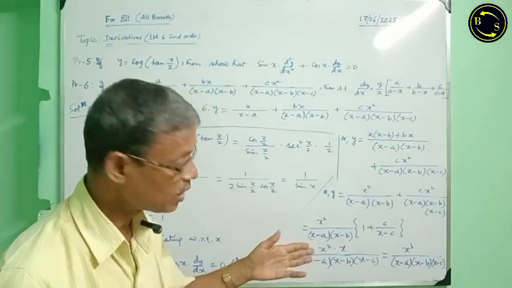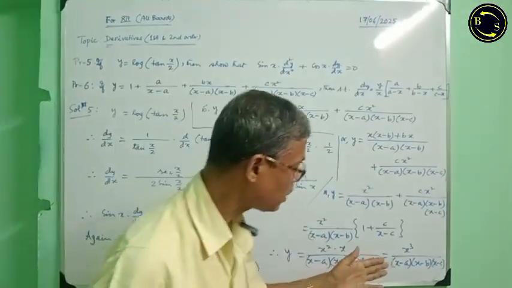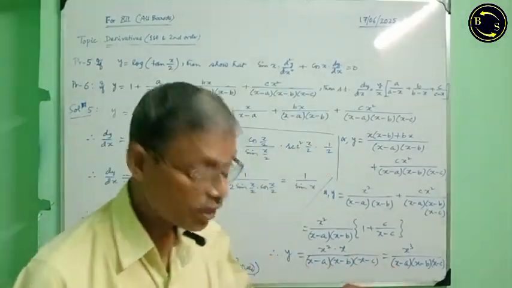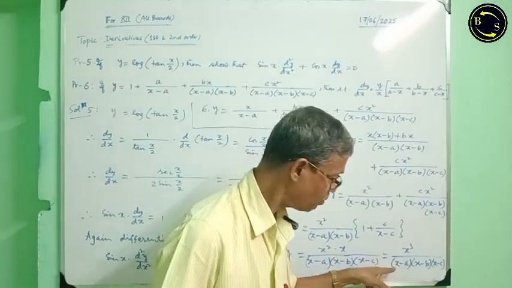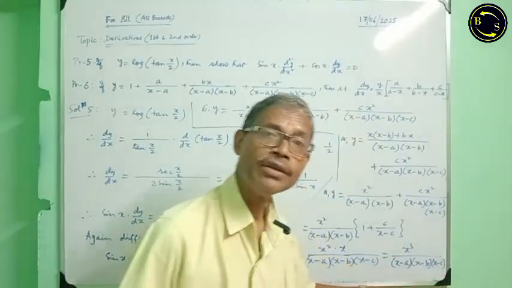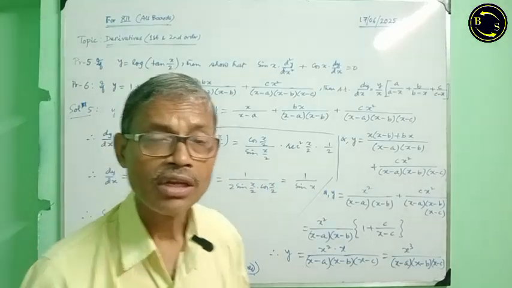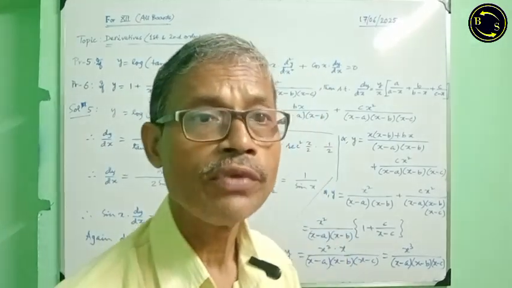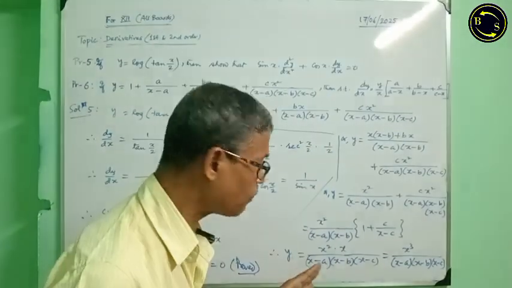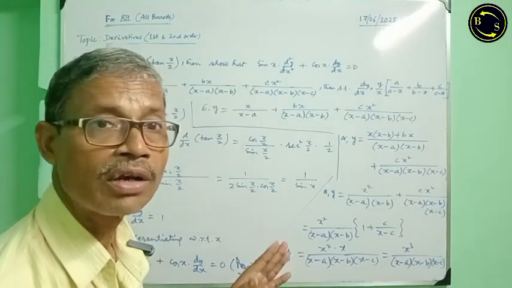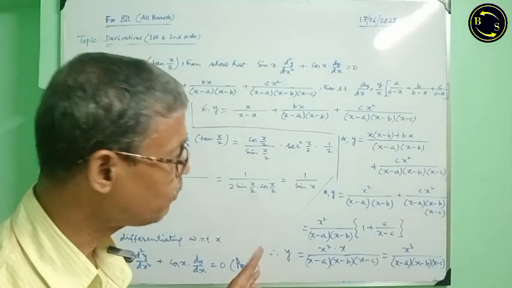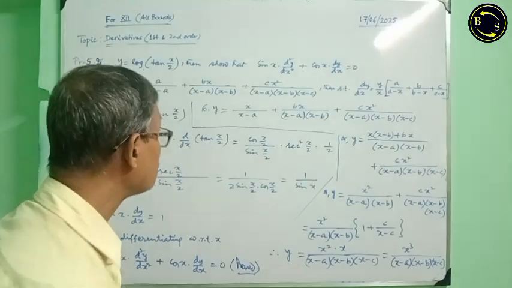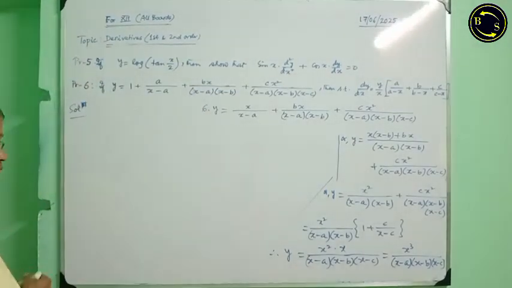Already I have mentioned earlier, we find here the function is of the form numerator by denominator, and numerator and denominator both involve the variable x. Therefore, we apply logarithmic differentiation. It will be very useful if we apply logarithmic differentiation here.